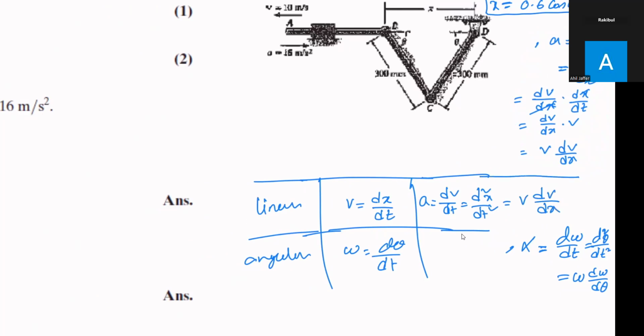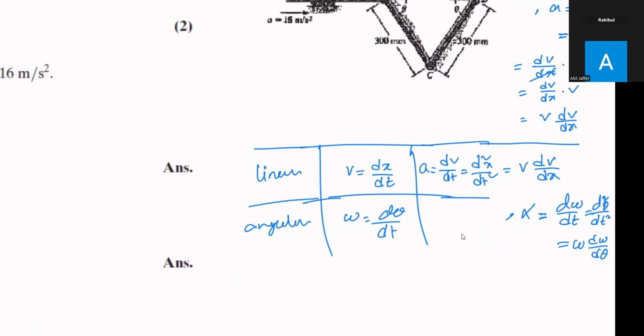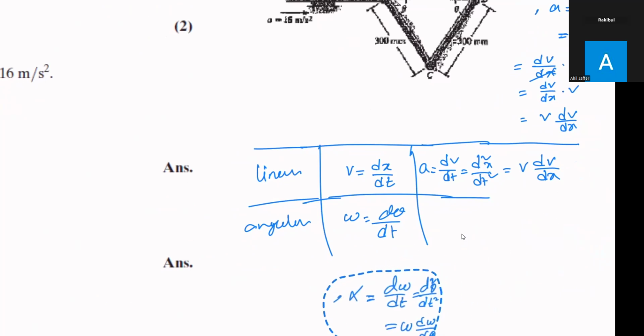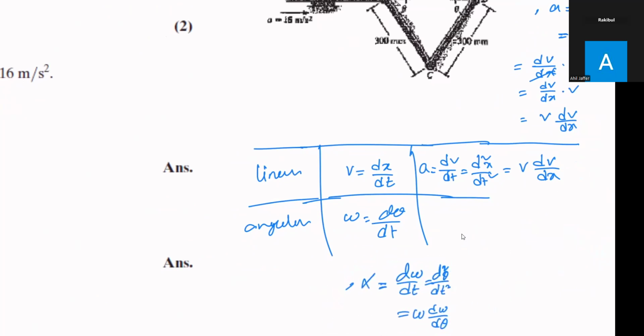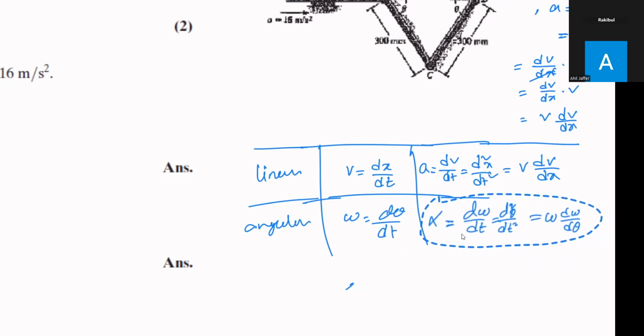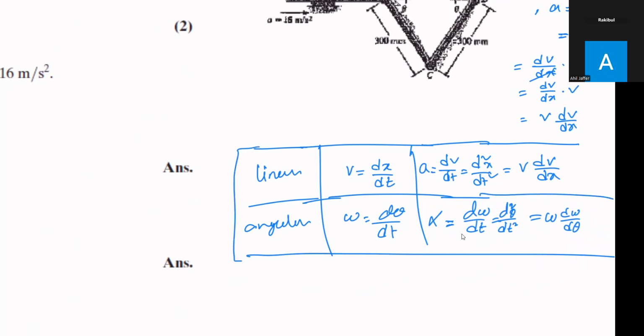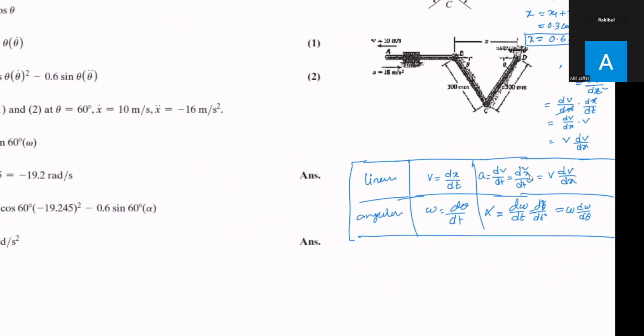Clear? Similarly for the angular, what is alpha? Alpha is d omega over dt, not dv. Because this is angular, everything should be angular. There is a nice relationship: a is dv over dt, d squared x over dt squared, v dv over dx. Similarly, alpha is d omega over dt.